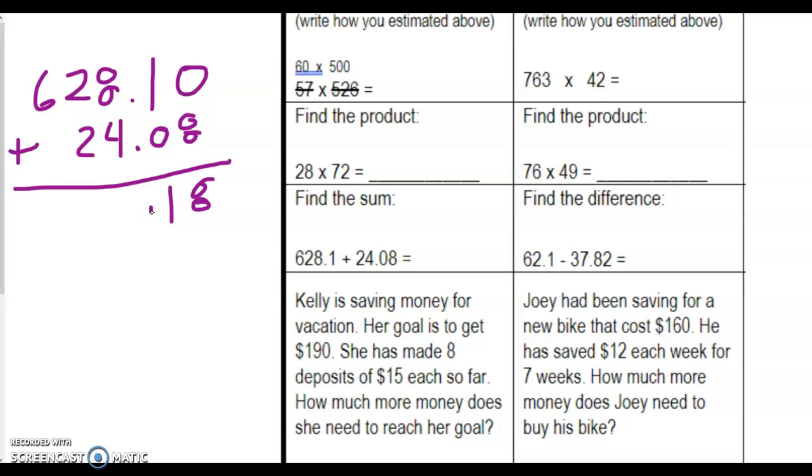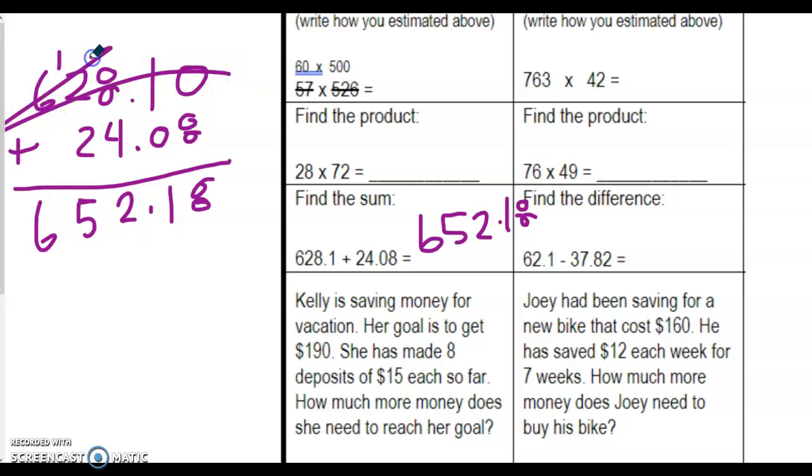I have 8 plus 4. I can count by 2s, 8, 10, 12. Carry my 1. 2 plus 2 is 4, plus 1 is 5. 6 and nothing. Your answer should be 652 and 18/100. Okay. Give you a second to write that down.